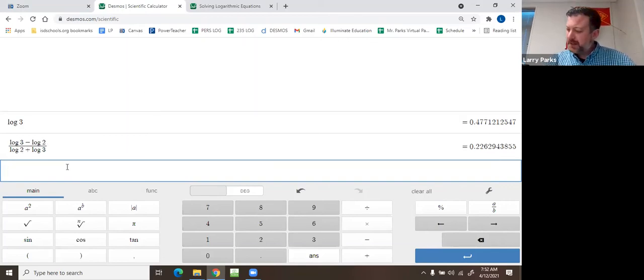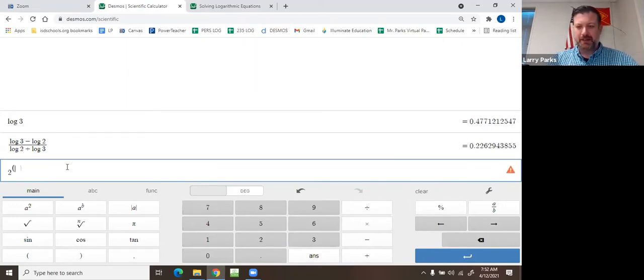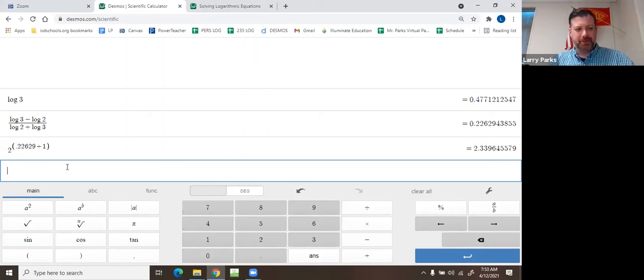Plugging my answer back in, it was 2 to the power of, and I'm going to type it in as a longer decimal this time. That should be the same as 3 to the power of 1 minus 0.2262.